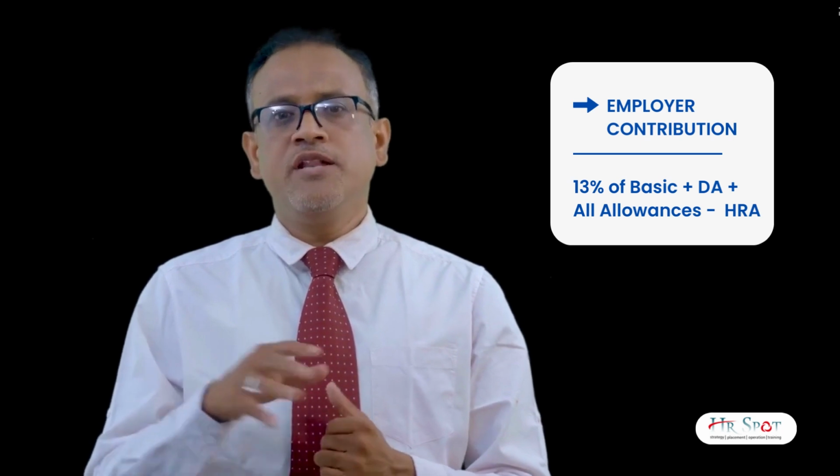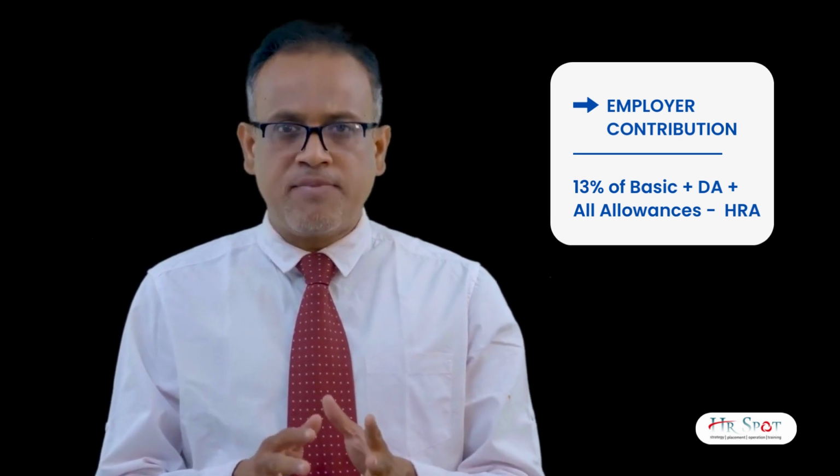So when I am designing the CTC structure for my company, I can include only the employer contribution, which is 13% of basic plus DA plus all allowances, except HRA. I repeat, the PF amount is the employer contribution only, which is 13% of the basic plus DA plus all allowances, except HRA.